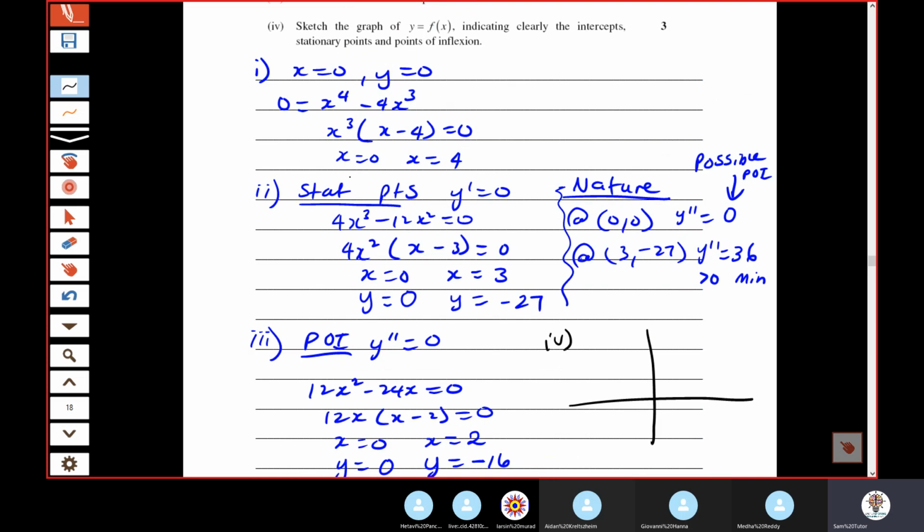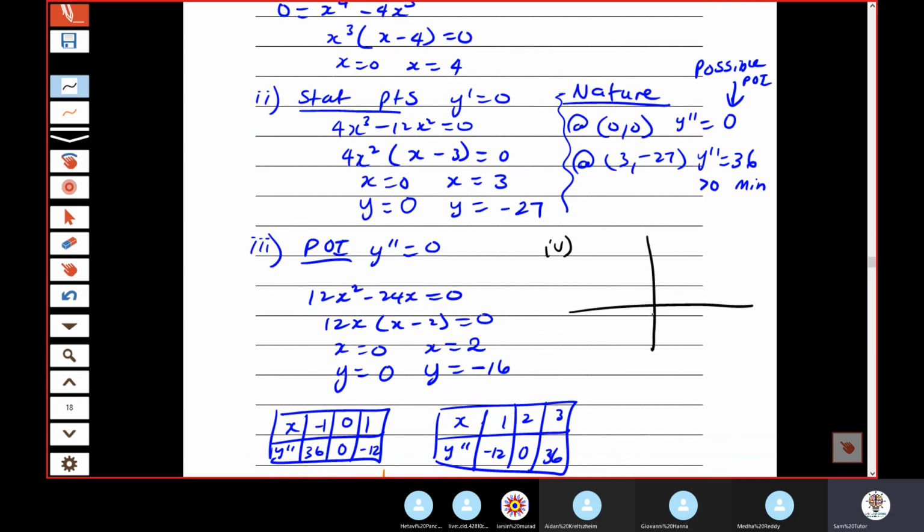All right. 0 and 4 was an intercept. At 0 and 3 was a stationary point. At 0, we realize it's a horizontal point of inflection, but at 3 and -27, this guy here, we realize it's a minimum. True?